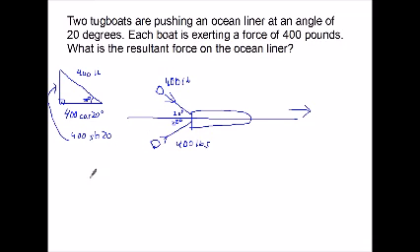This boat has a similar map, but the sine is reversed here, so this is also 400 times the sine of 20. This is also 400 times the cosine of 20. But here the direction is reversed, so this one is going upwards, in a positive j-hat direction. This one is pushing down, so this one is in the negative j-hat direction here.